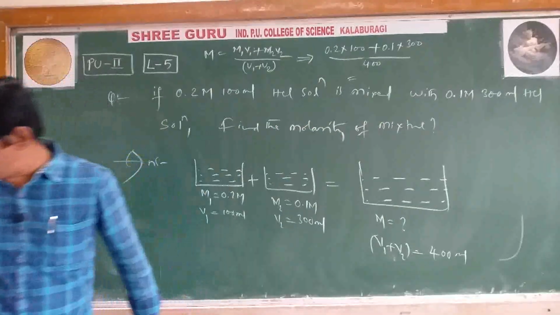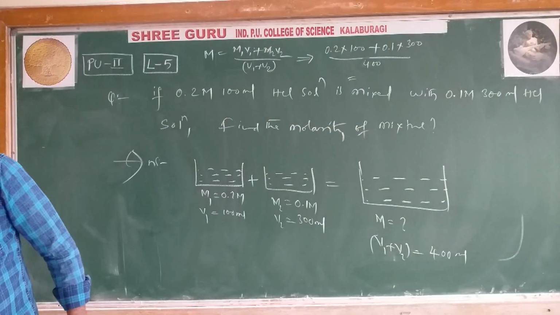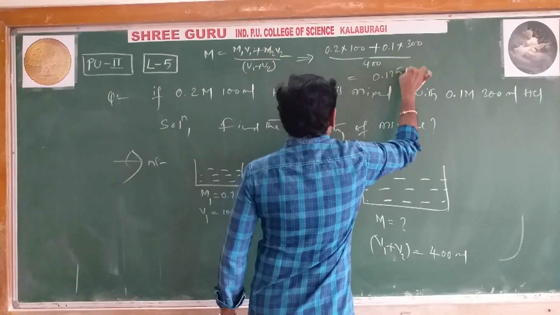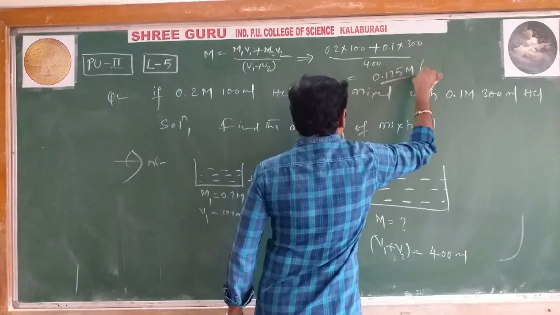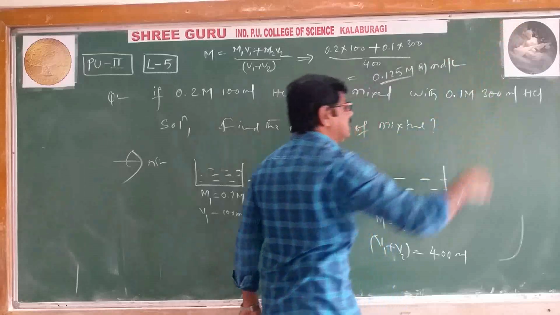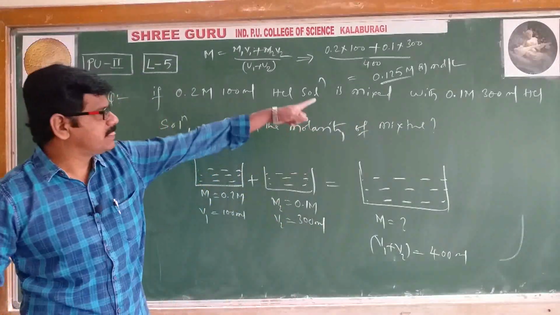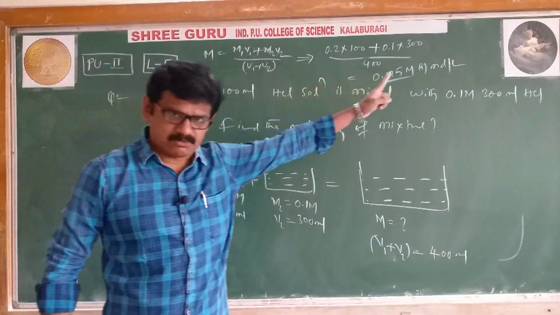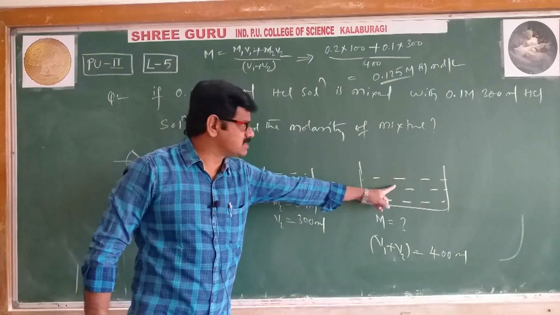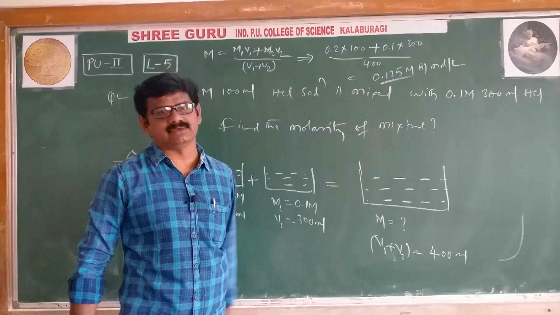If you do the simplification, you will get 0.125 molar, or we can write 0.125 mole per liter is obtained. That's it. That is the mixed solution molarity. Whatever the mixture is, the mixed solution molarity is 0.125.